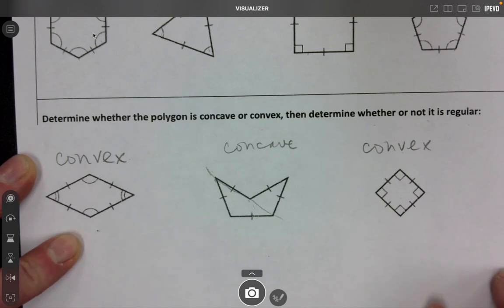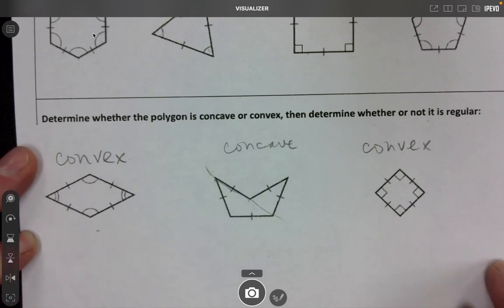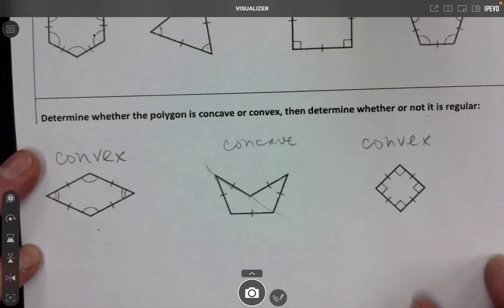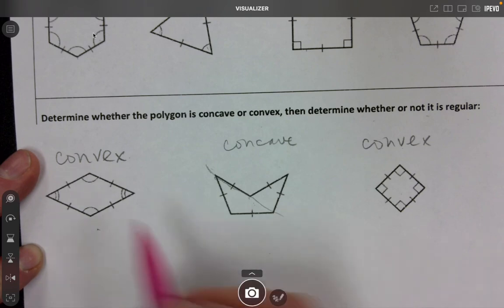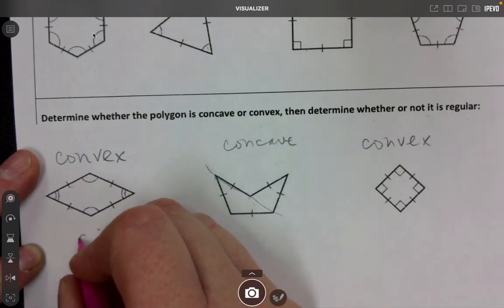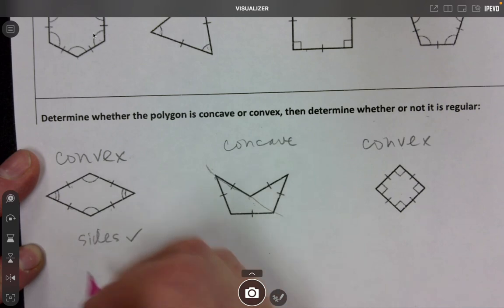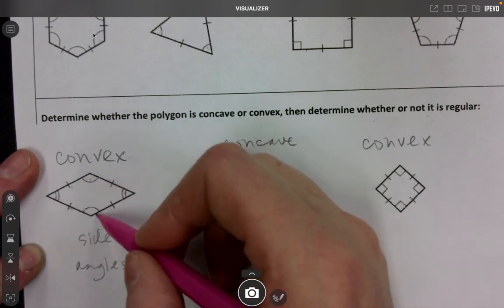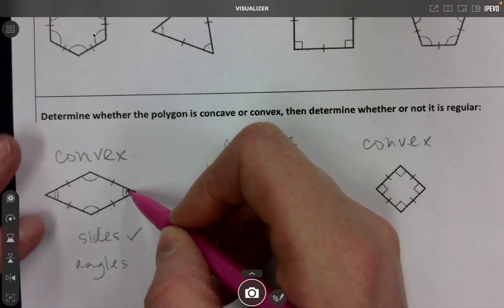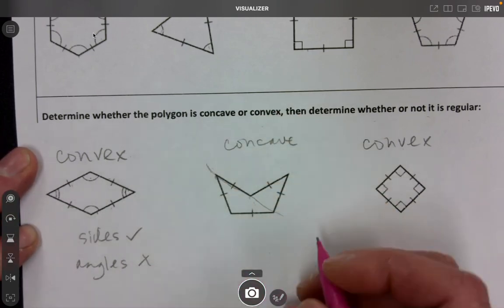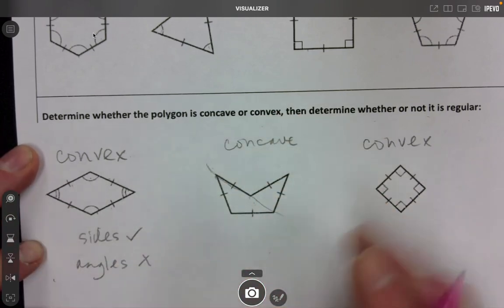And then we want to look at whether or not it's regular. So are all the sides and all the angles equal? So are all my sides equal? So sides, check. How about my angles? Are all my angles equal? Well, these two are equal and these two are equal. So they are not all equal. So it is not going to be regular.